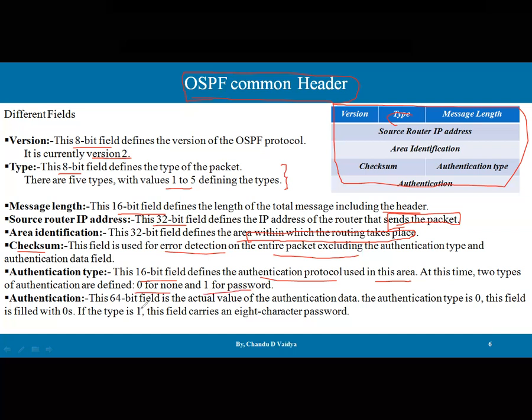So we can set a password while forming the adjacency. Then authentication data is a 64-bit field holding the actual value of the authentication data. If the authentication type is 0, this field is filled with 0. If the type is 1, then the field carries the 8-character password.